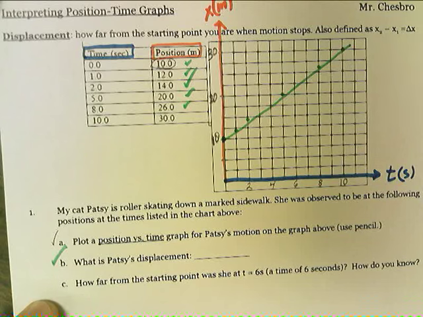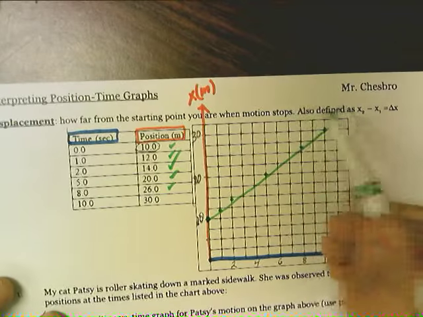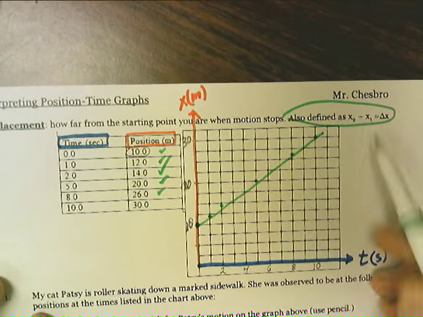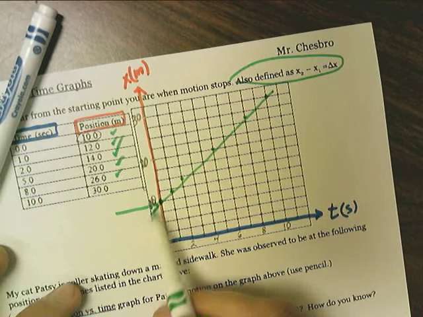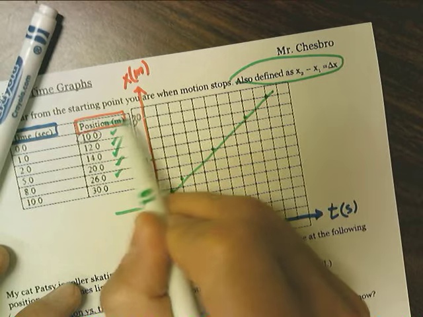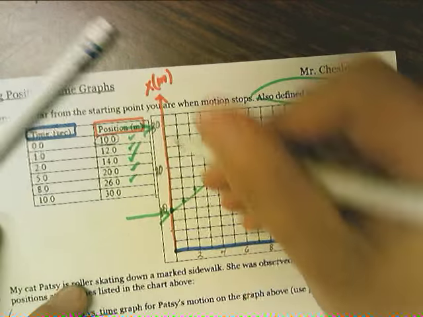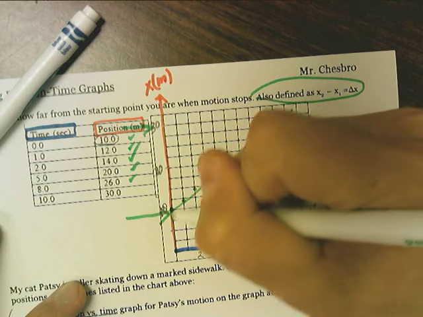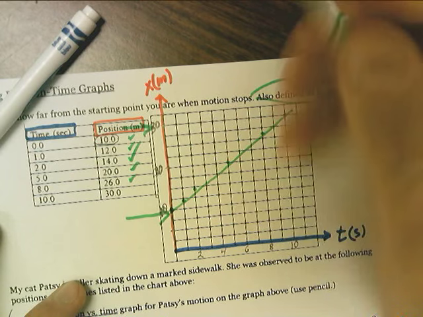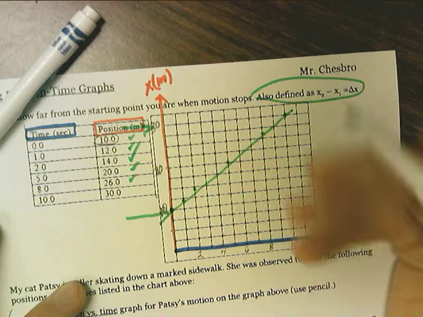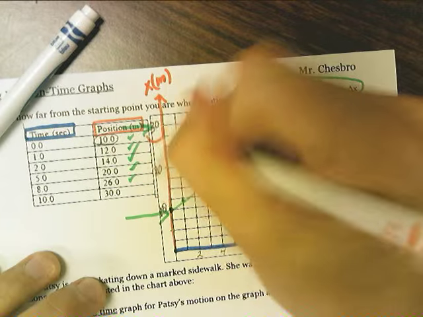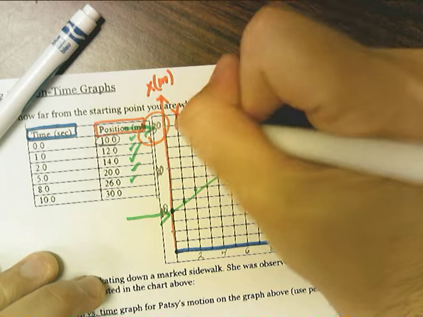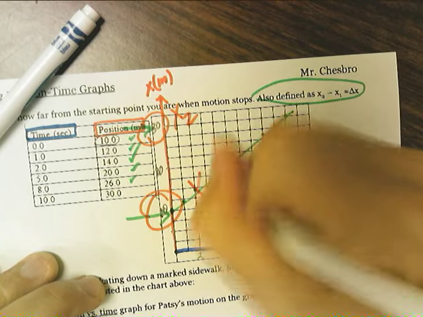We can now calculate her displacement. You can look back up here and see that displacement is the change in position. So she started here and she ended here. Because remember, this is the path that she followed. So she started at 10 and went to 30, which means that this value is our x2 and this value is our x1.